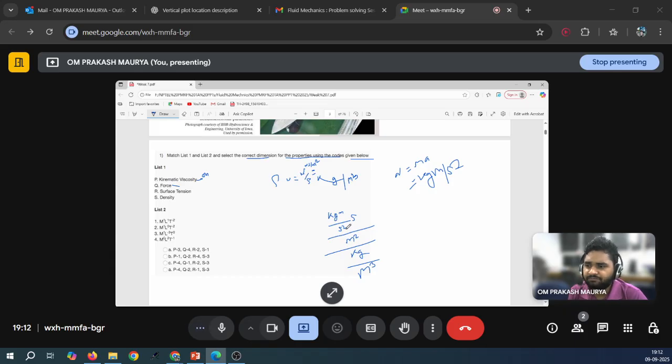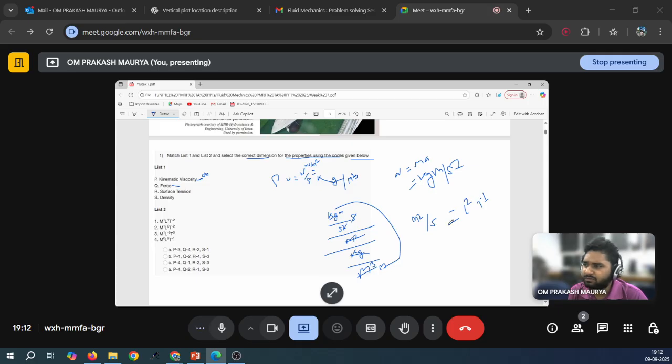So this is all. Here 1 second is cancelled out and with 1 meter cube, 1 meter is remaining. So kg and kg are cancelled out, and this meter goes here, so meter square by second. Meter square by second means L to the power 2 and T to the power minus 1.